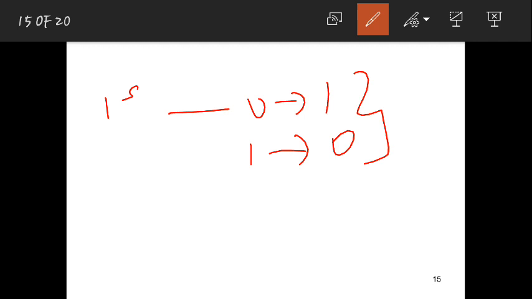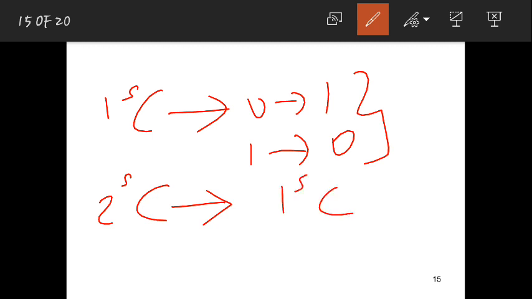Next you have twos complement. Now we have already seen what 1's complement is: replace zeros with 1 and 1's with 0. That was 1's complement. Now what is 2's complement? Whenever you want to do 2's complement, always remember, definitely first you need to do 1's complement. 1's complement means replace zeros with 1's and 1's with zeros.